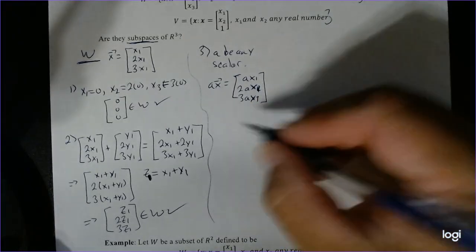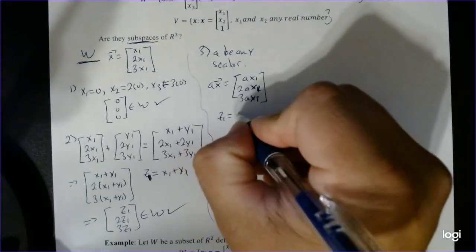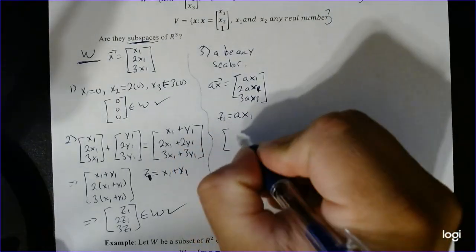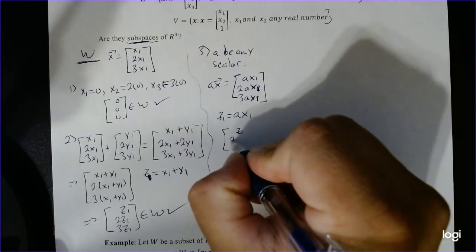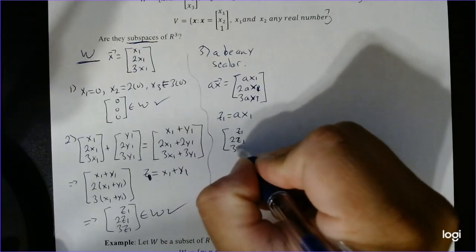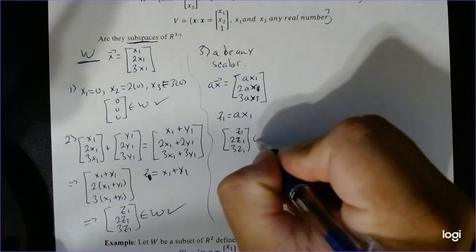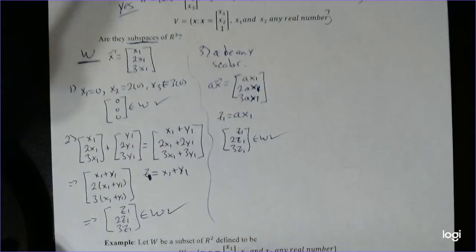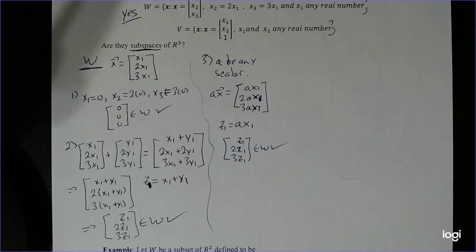Okay, and again, let z1 equal the multiplication of A times x1. So therefore I can rewrite this as z1, 2z1, and 3z1, which is in W. So this is a yes. That is a subspace of R3.